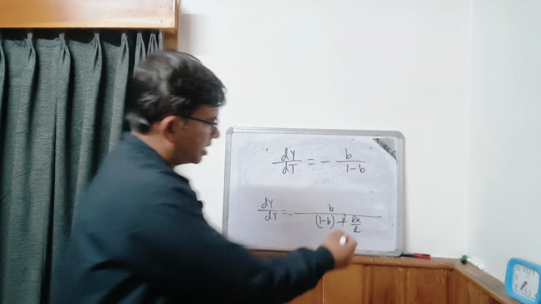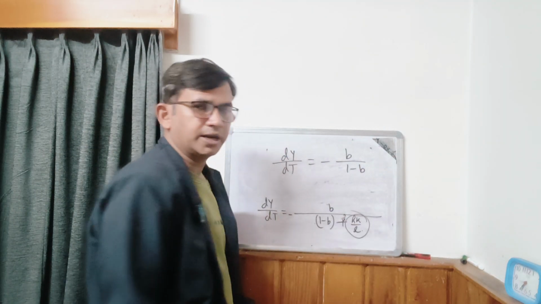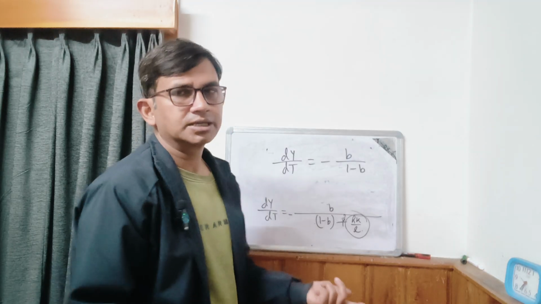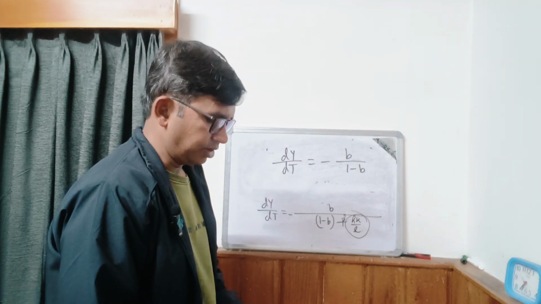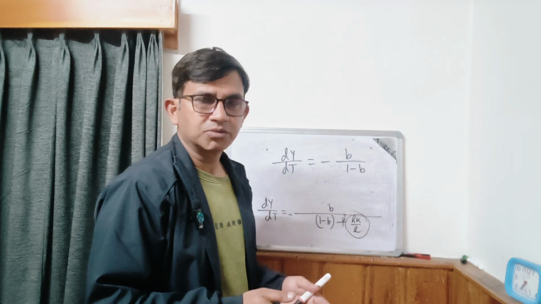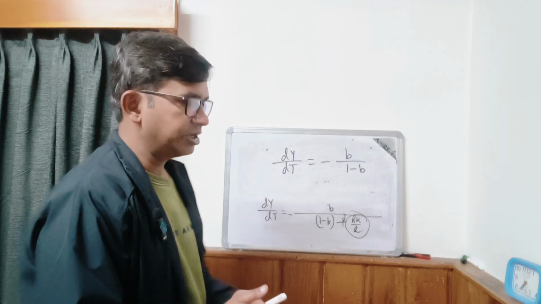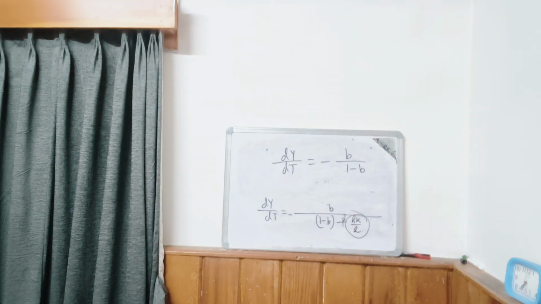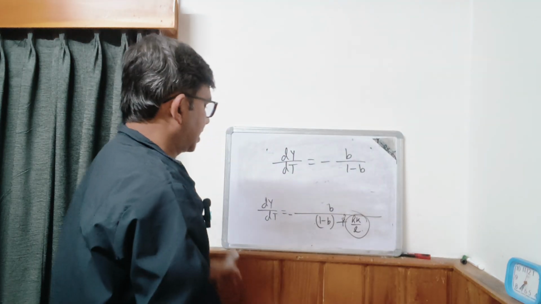So here one addition is in the denominator. That means some dampening effect. What is that? That is simply the crowding out effect. So this is the case of the tax multiplier whenever we are considering a lump sum tax. And the third case will show the case of a proportional tax.